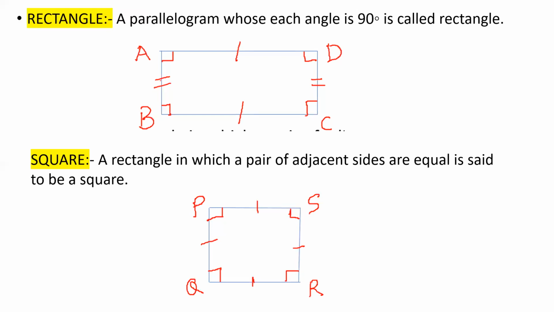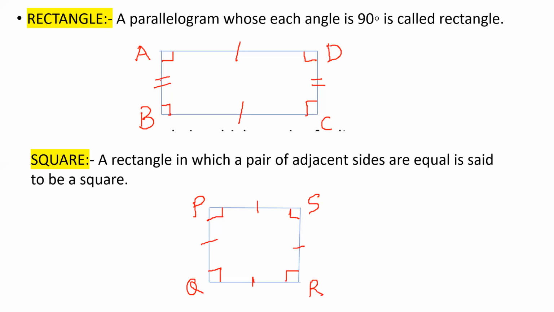Then all angles are 90 degrees. Therefore, it is a square. Even the diagonals are equal, as the rectangle's diagonals are equal, therefore the square's diagonals are equal. Even a square is a rhombus, so the rhombus diagonals are perpendicular bisectors, therefore the square's diagonals are also perpendicular bisectors.